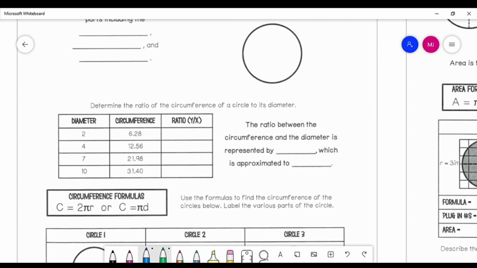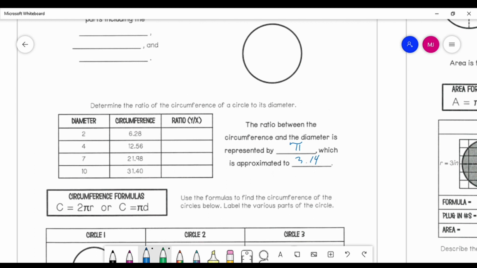Okay, the ratio between the circumference and the diameter is represented by this symbol, which is called pi. And it's approximated to 3.14. So pi is an irrational number. It continues on forever. In fact, my high school algebra teacher had a poster in her room. It started in one corner of the room and it literally went around the entire classroom because that number just keeps on going.